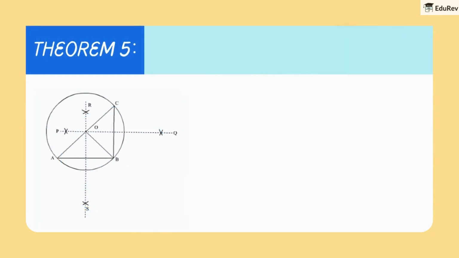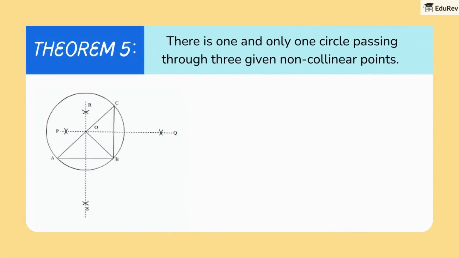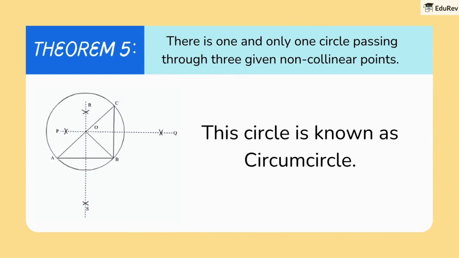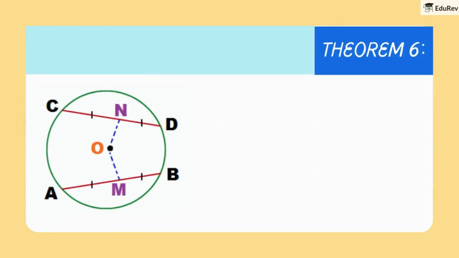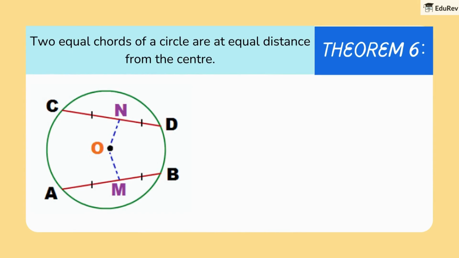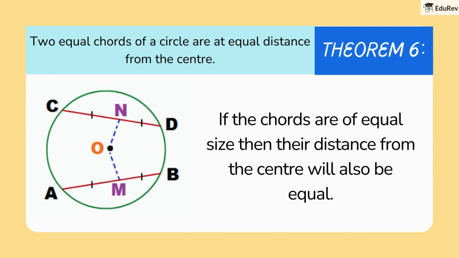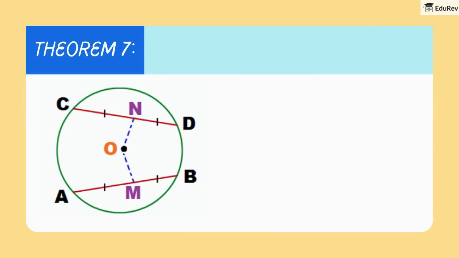Theorem 5. There is one and only one circle passing through three given non-collinear points. This circle is known as the circumcircle. Theorem 6. Two equal chords of a circle are at equal distance from the center. If the chords are of equal size, then their distance from the center will also be equal. Theorem 7.